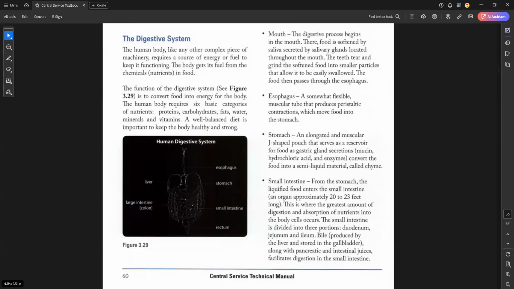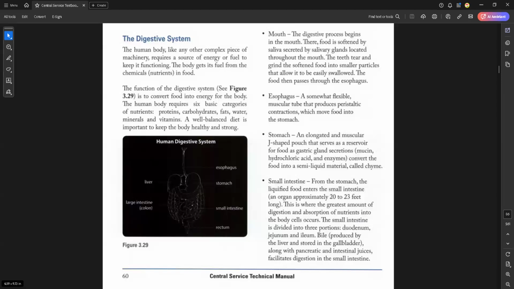The small intestine is divided into three portions: duodenum, jejunum, and ileum. Bile produced by the liver and stored in the gallbladder, along with pancreatic and intestinal juices, facilitate digestion in the small intestine. So there is still some kind of digestion, because the stomach converts it into what Americans will say is semi.